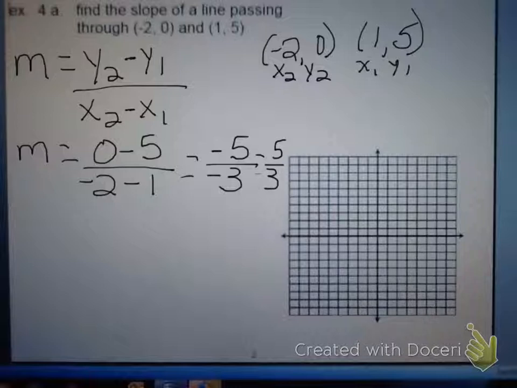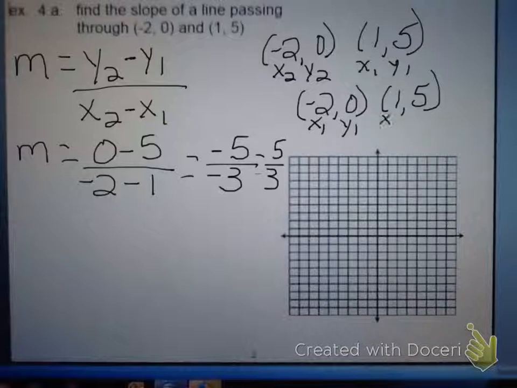Now, what if I rewrite the points, and I give the first one x1, y1, and the second x2, y2. Let's watch as it plugs into the formula.